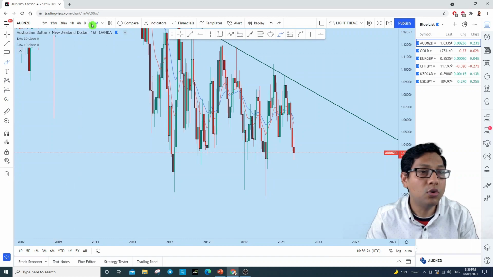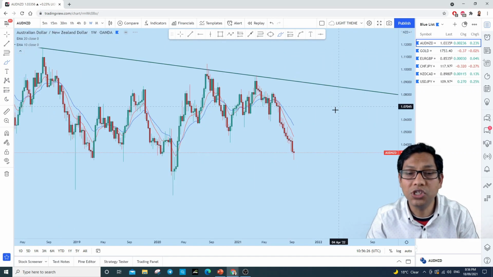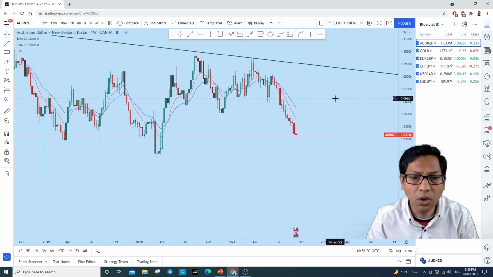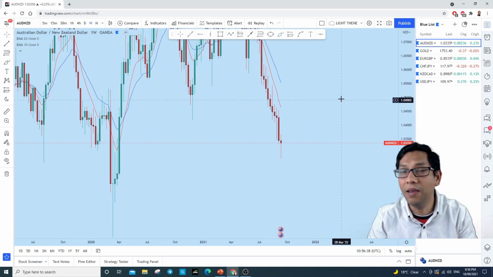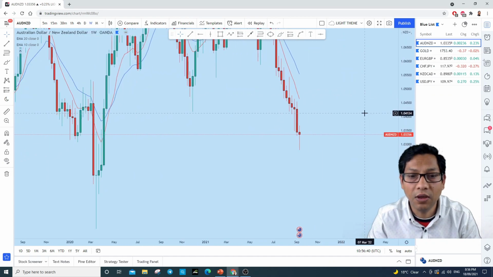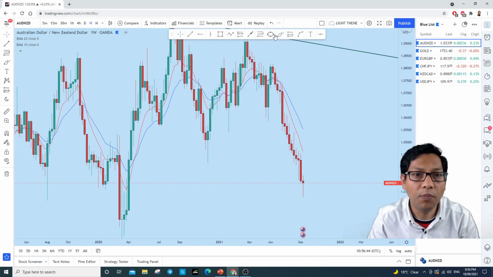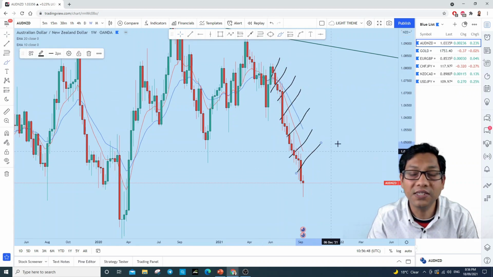Now let's go down to the weekly time frame to see what kind of opportunity we have. Now on the weekly we can see a bit clearer picture. Let's see what happened the last couple of weeks. Starting from here, every week the price is dropping, creating a smaller candle, and most of them are doji.